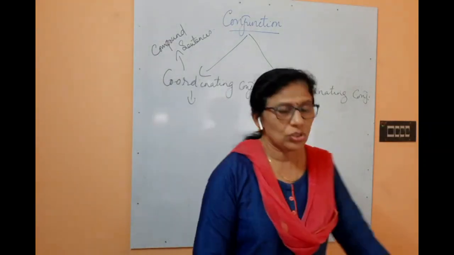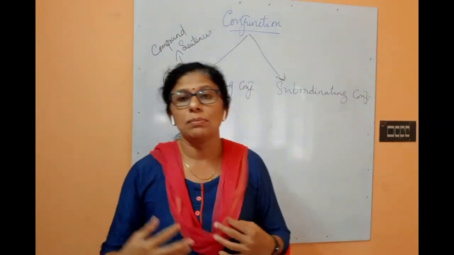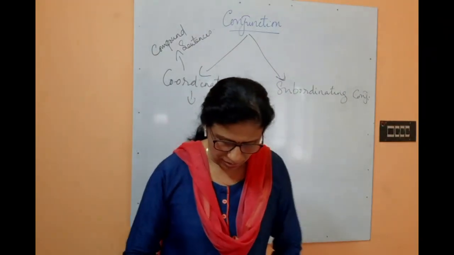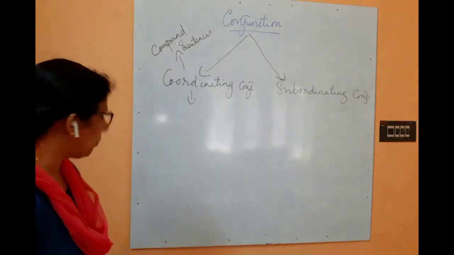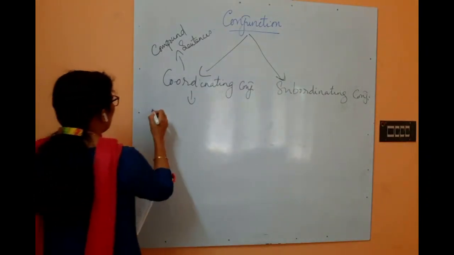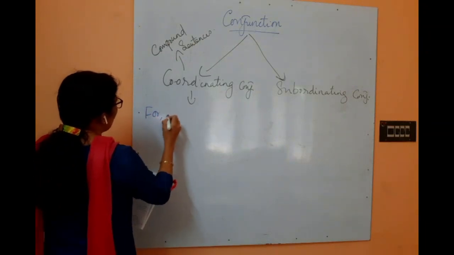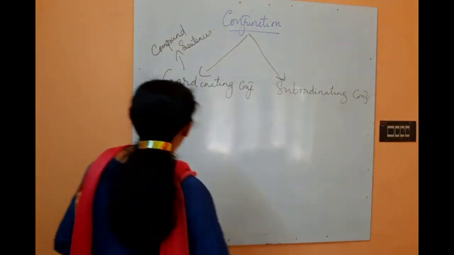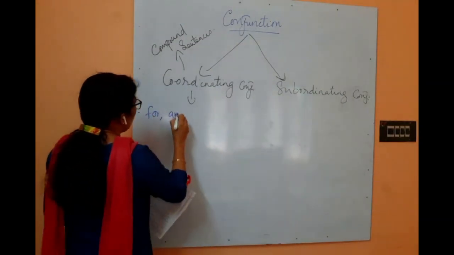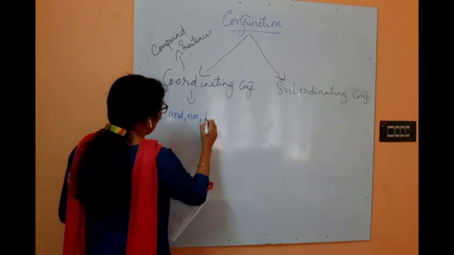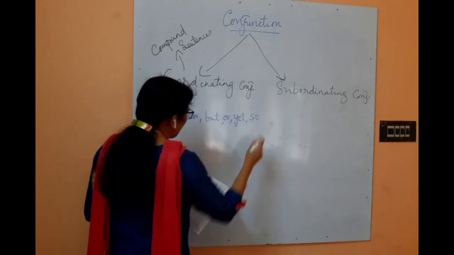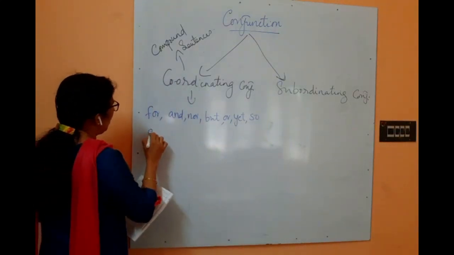All these conjunctions which come under coordinating conjunction help to join two sentences of equal importance. Better I write it now itself. FANBOYS we have already written: for, and, nor, but, or, yet, so. Please copy down all this.